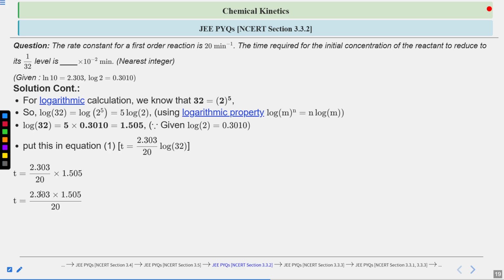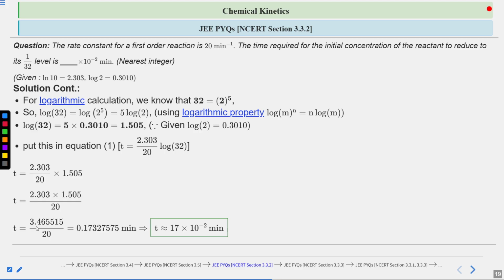When you solve this, t equals 3.465515 upon 20, which equals 0.17327575 minute. Or you can also write it as t is equivalent to 17 multiplied by 10 to the power minus 2 minute. Why have we written it this way?